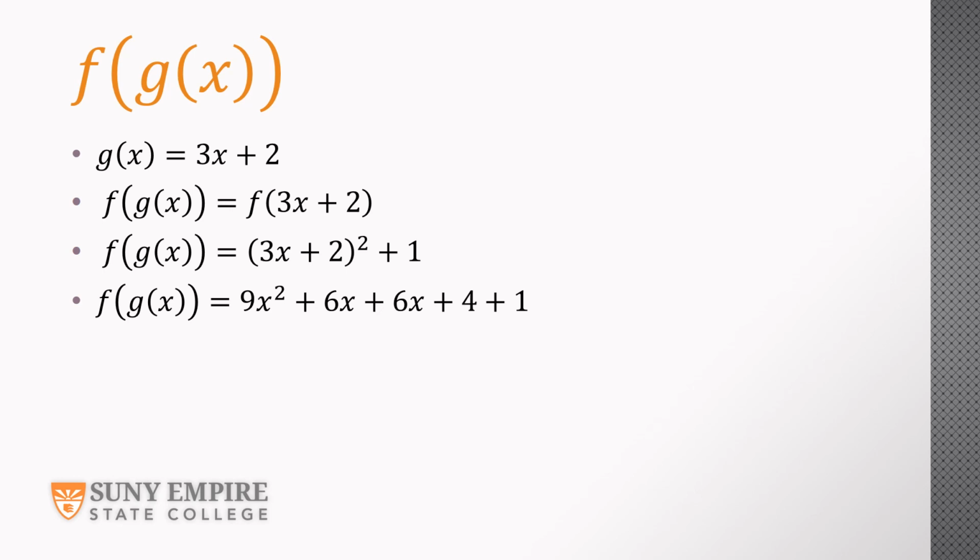Squaring the polynomial, we have 9x² + 6x + 6x + 4 + 1. Simplifying, we find that f(g(x)) equals 9x² + 12x + 5.